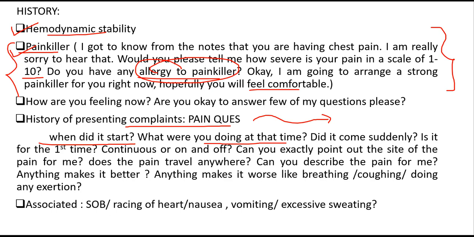So what I'm going to do is take you to the resuscitation cubicle and ask my nurse to hook you up to an ECG monitor, and they are going to arrange an ECG for us to have a look at your heart. They're going to also insert 2 large bore IV cannula and take some blood for necessary investigations.